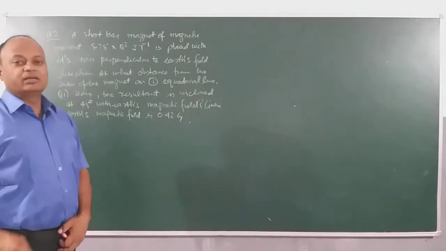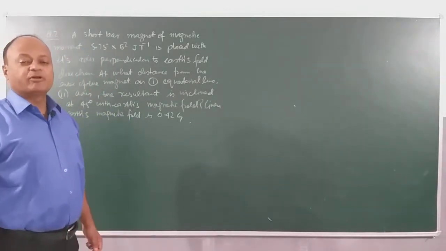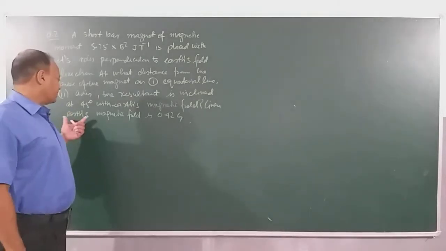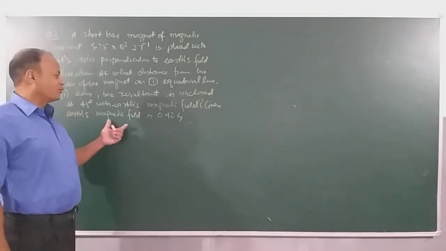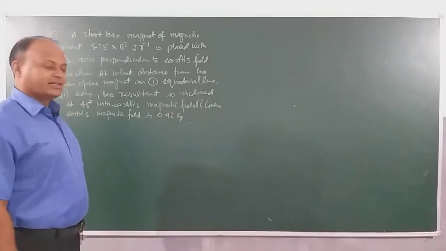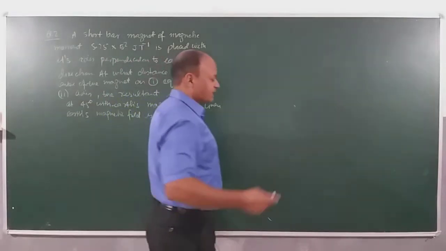Now this angle may not be 45 degree, it can be made different also. Okay. And children, it is given that intensity of Earth's magnetic field is 0.42 Gauss. Okay. And we need to convert this field into Tesla. Right? Let's start doing it.